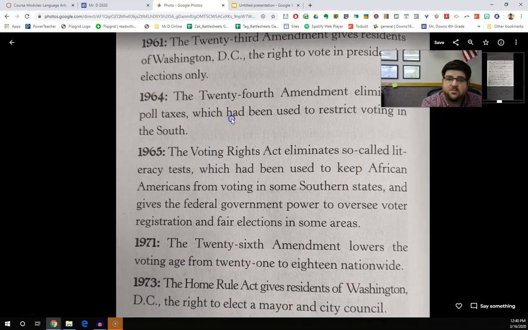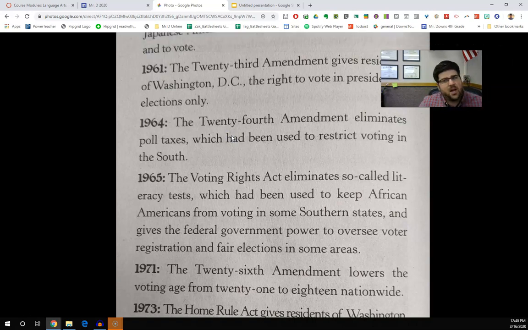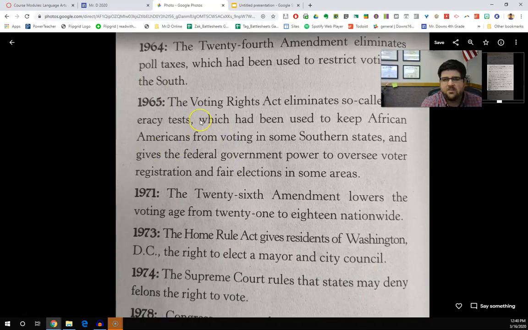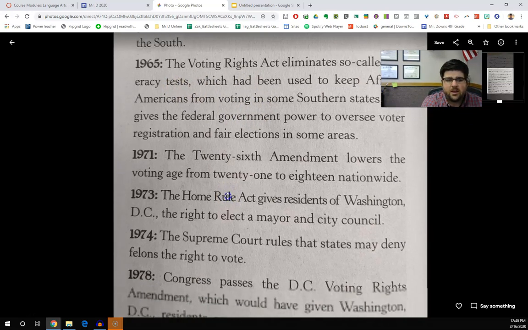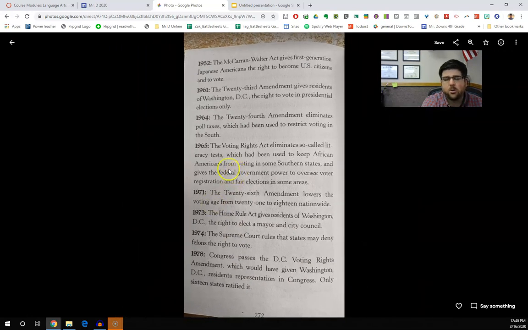And then 1964, poll taxes were eliminated, which means before then, you'd have to pay money to go and vote, which was a problem because if you don't have money, you're not going to go vote. And then same thing, 1965, they got rid of reading tests, saying that only people who can read are able to vote, and that was a way that they kept some people from voting. And that's really about where I'll end for our purposes.